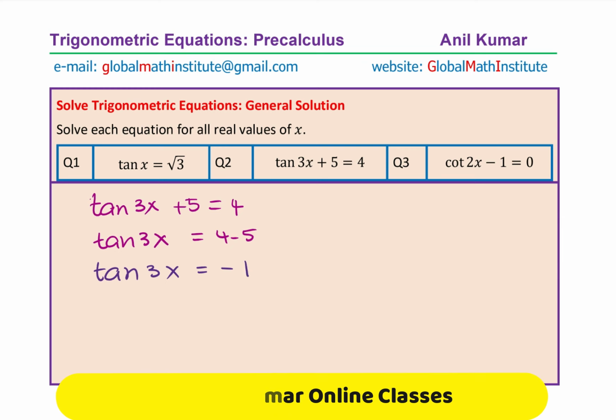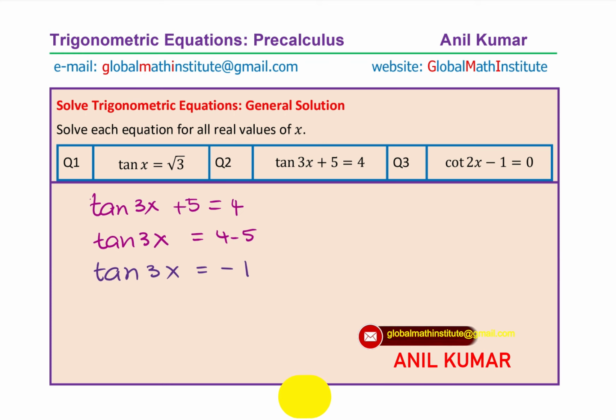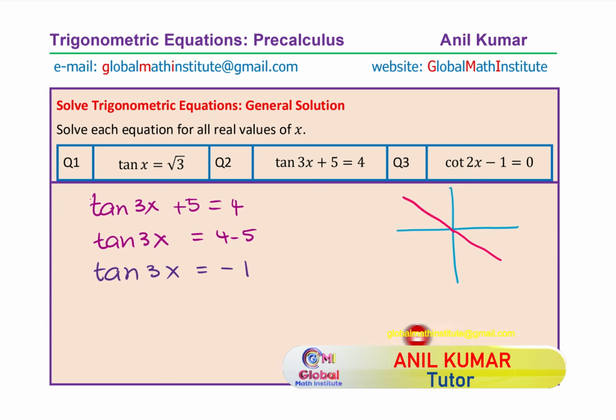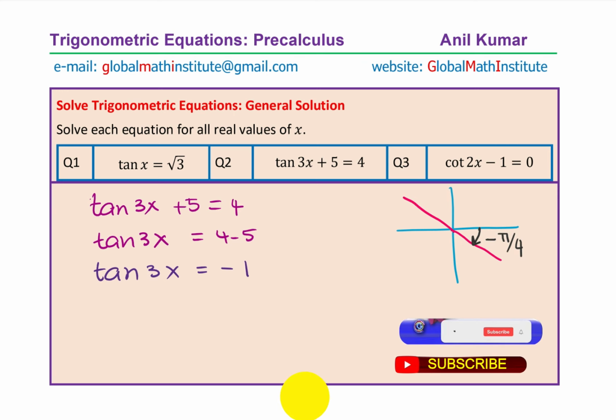Now tangent is positive in quadrant 1 and in quadrant 3, therefore we have two solutions here, and these are in quadrant 2 and 4. Perfect. So when we say tan 3x is minus 1, then the angle here is minus pi by 4, correct?